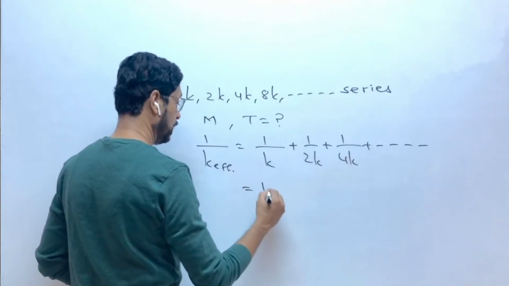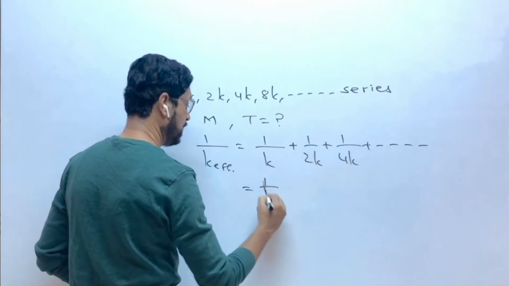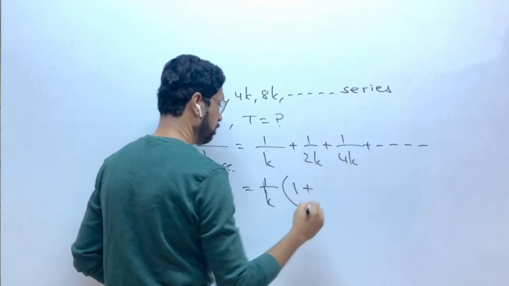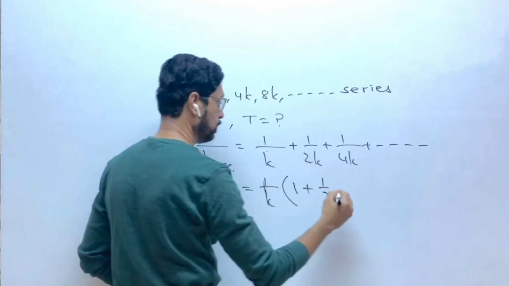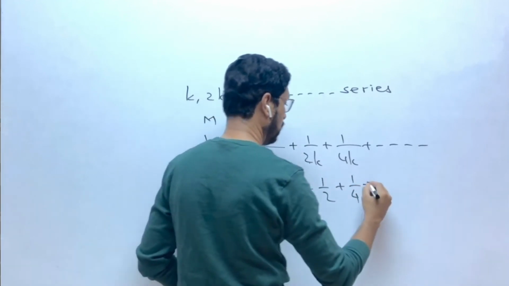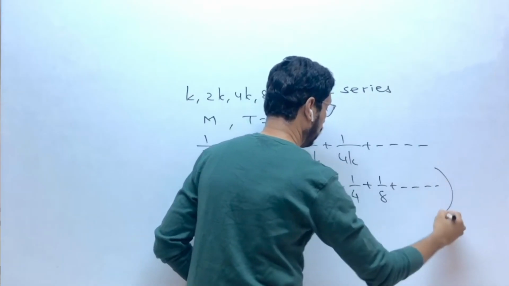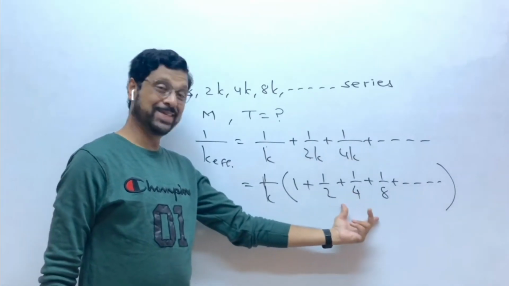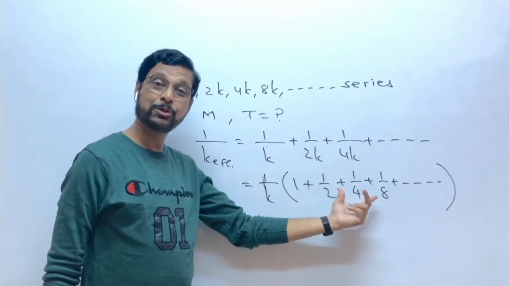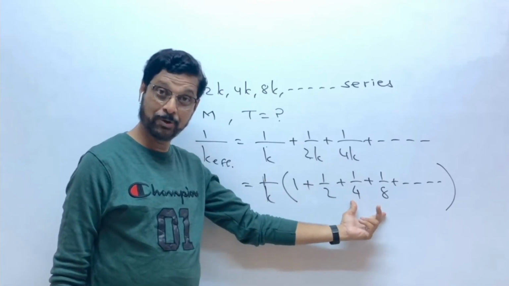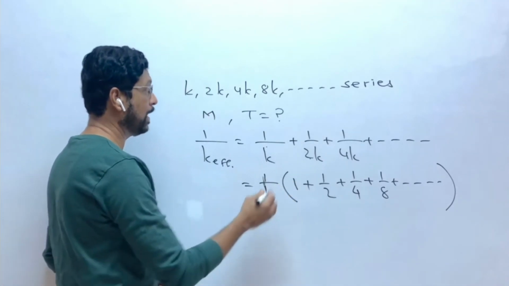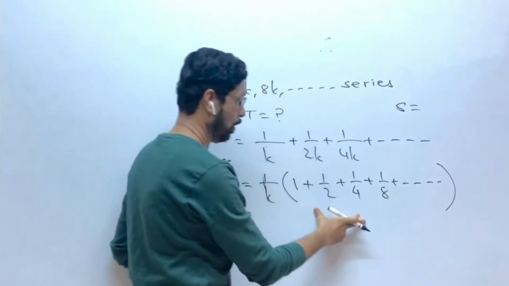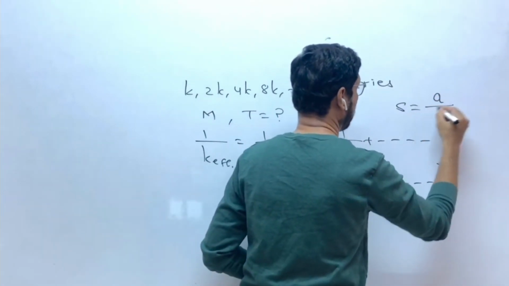That is equal to, if you take 1 by K common, what remains inside? 1 plus 1 by 2 plus 1 by 4 plus 1 by 8 onwards. What is this? This is a geometric progression. You know geometric progression, and you know that the sum of the geometric progression is a upon 1 minus r.